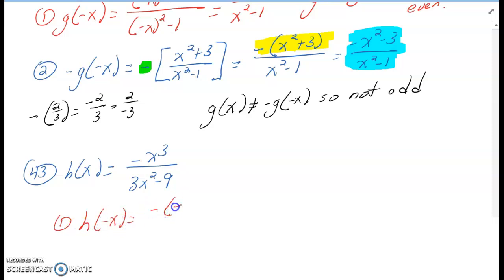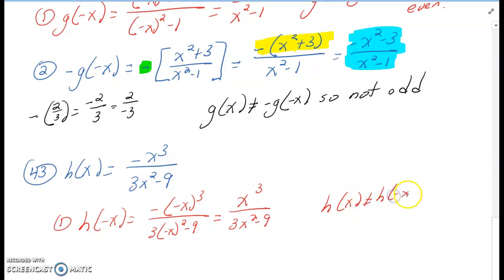So that's the opposite of negative x cubed over 3 times negative x squared minus 9, which is x cubed over 3x squared minus 9. So h of x is not the same as h of negative x, so h is not even.